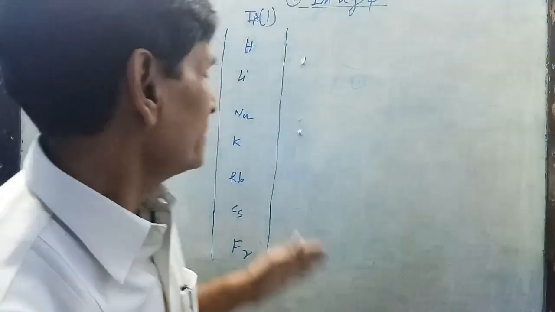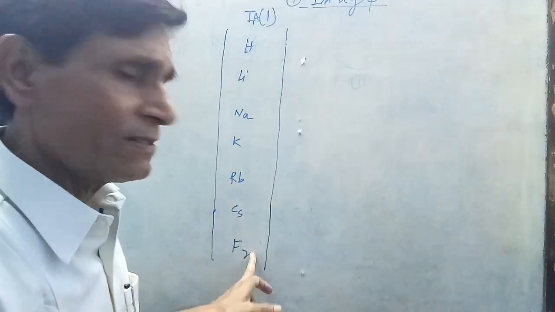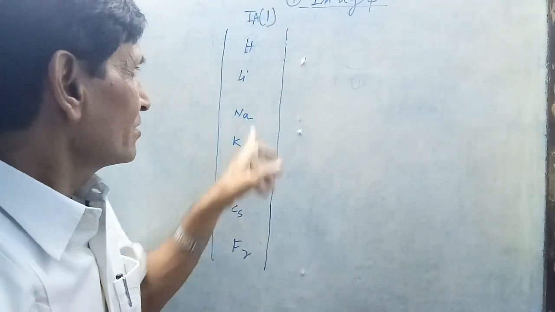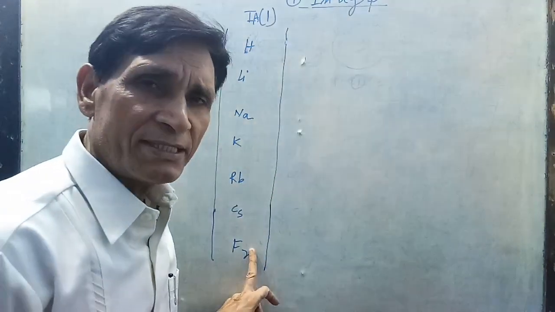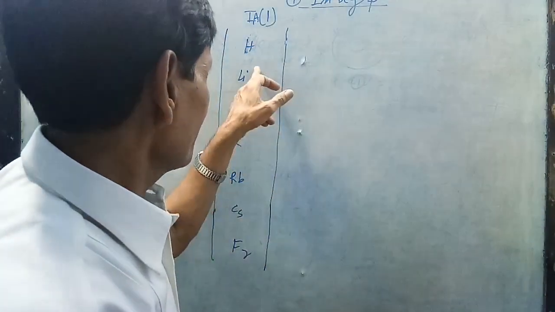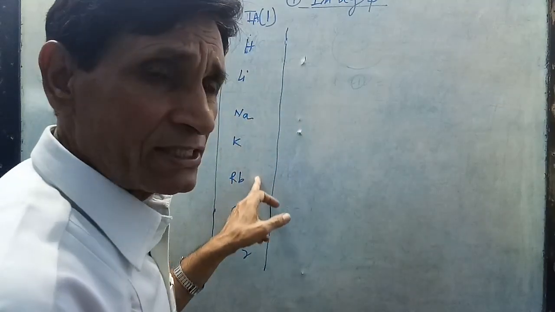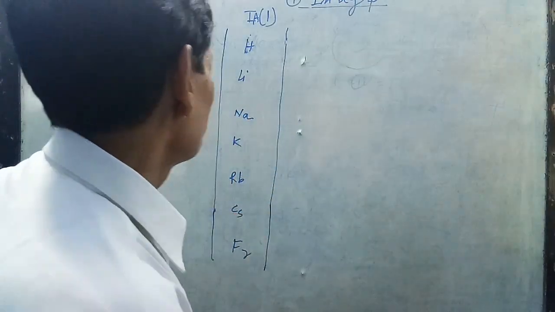Thus, ionization energy decreases. On moving down the group, there is successive addition of a shell. One shell is added, size is increasing. This is why there is a regular change in the ionization energy.